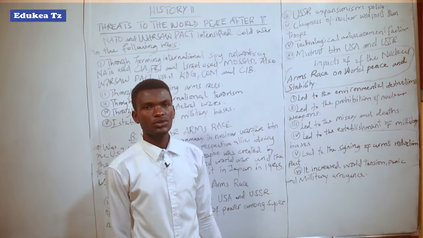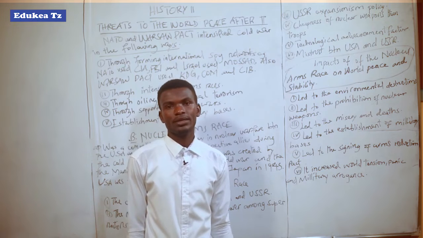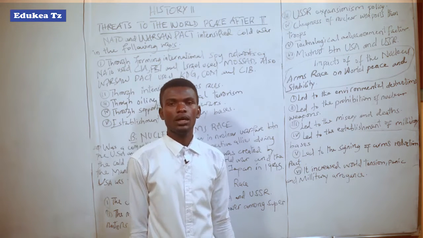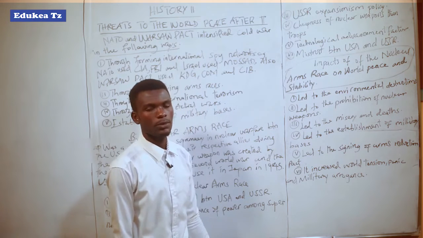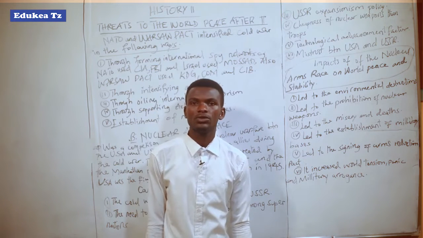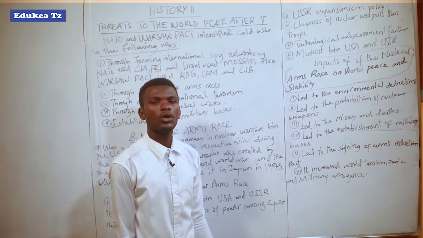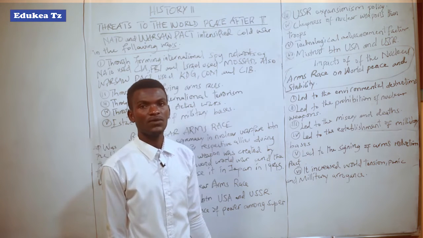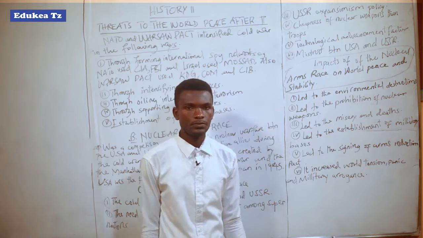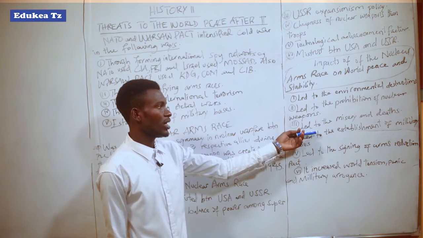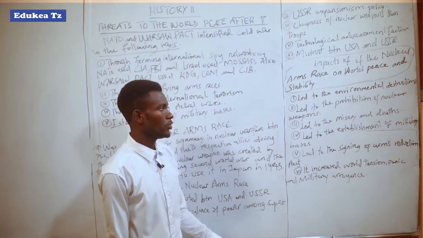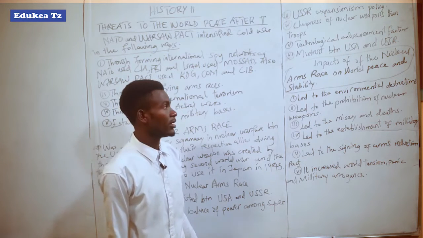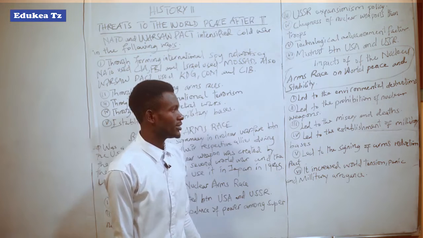For example, during the Second World War, when the US government dropped the atomic bomb on Japan, in Hiroshima and Nagasaki, it killed almost 74,000 people due to those atomic bombs. So you can see the impact caused by the nuclear arms race.